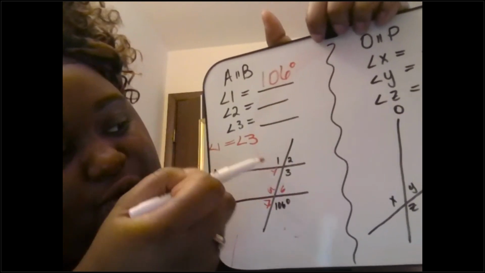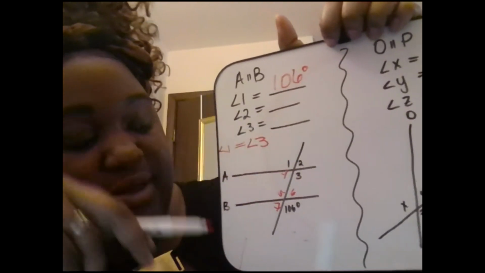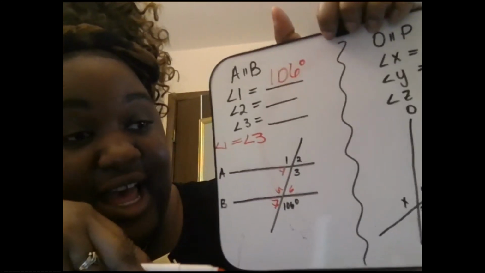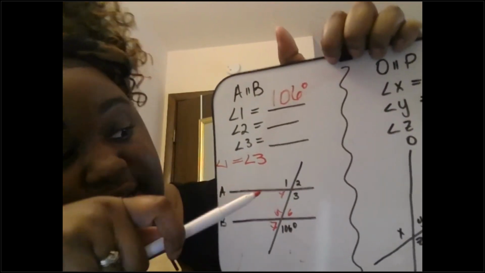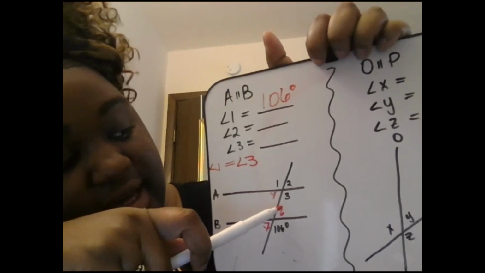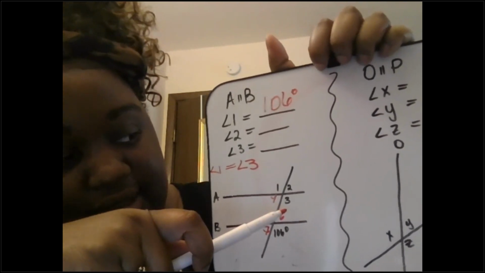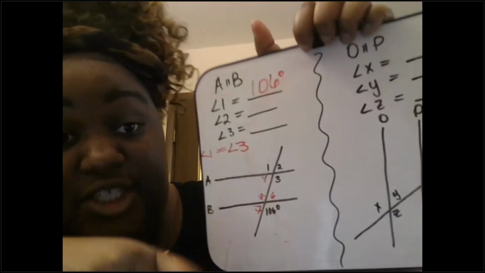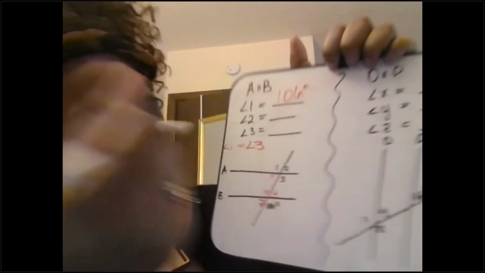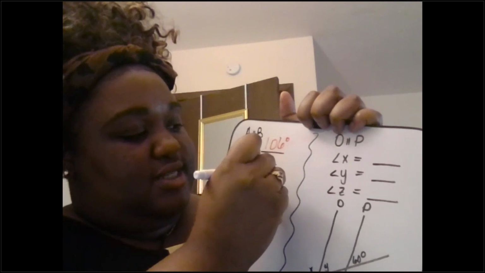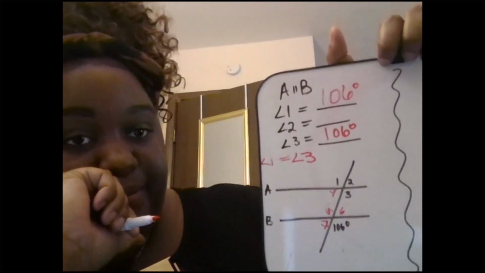Based off of our rules of vertical angles and the relationships when we have parallel lines, I can figure out what angle 1 is. Also, because angle 1 and angle 3 are vertical angles, they're equal to each other. So I automatically know angle 3 is also 106 degrees.